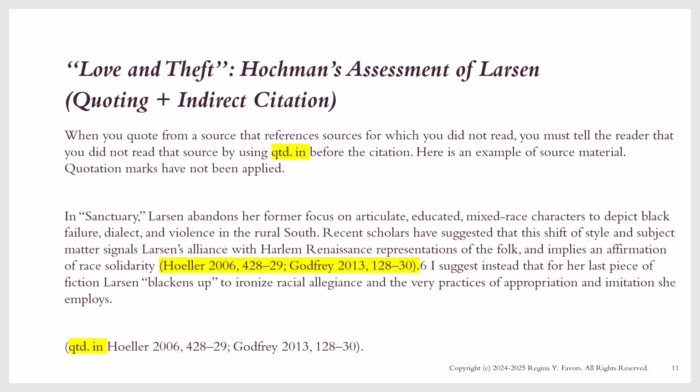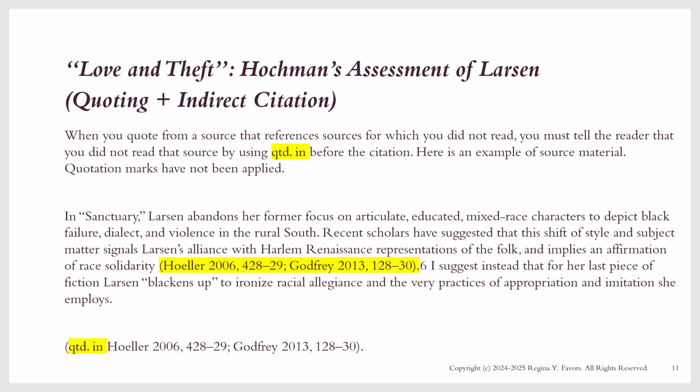So Hockman is quoting or referencing a source that she got this information from: Holler, 2006, on these pages, and Godfrey, 2013, on these pages. Okay, so that means that Hockman read this material, but we did not.